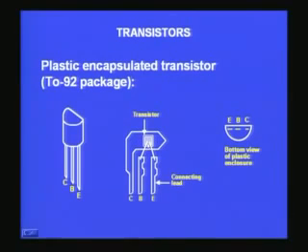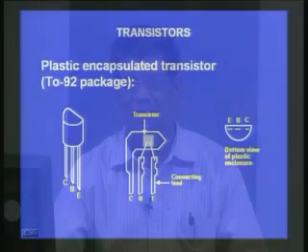I mentioned to you that in comparison to the vacuum tube triode, the transistor will perform almost the same function of amplification, but the greatest advantage here is that it is very small, and therefore there is miniaturization which comes along with this. Your transistor receiver or whatever electronic circuit that you build can become very small, and there are other benefits like very low voltage operation, which I already mentioned to you earlier.